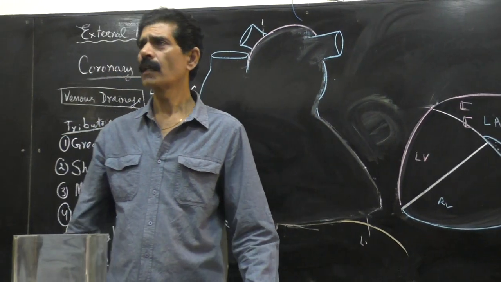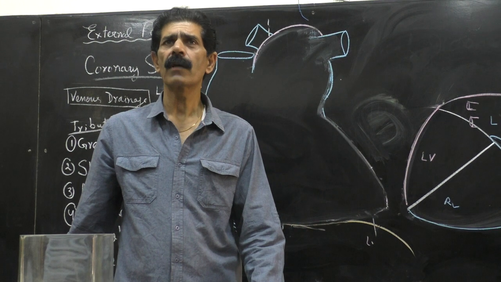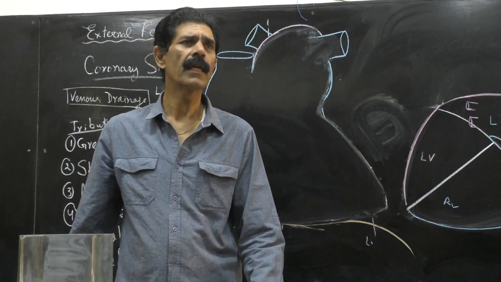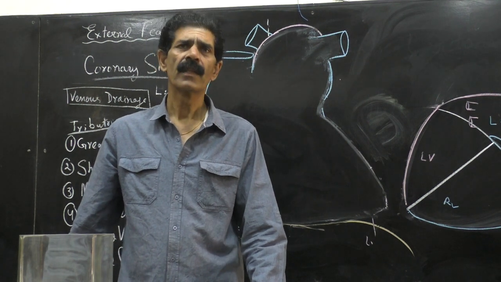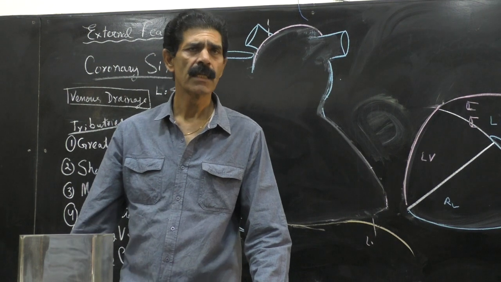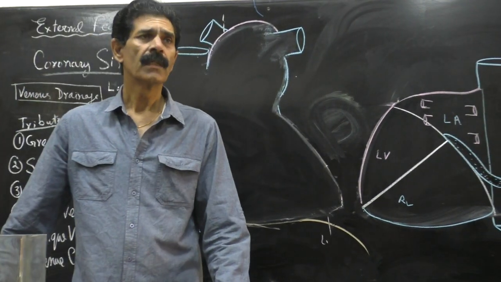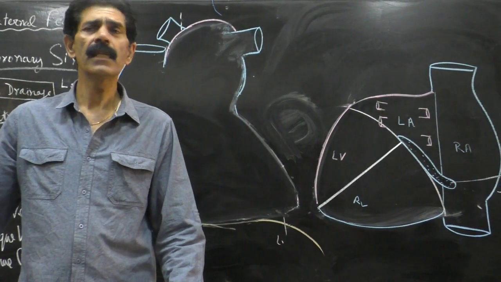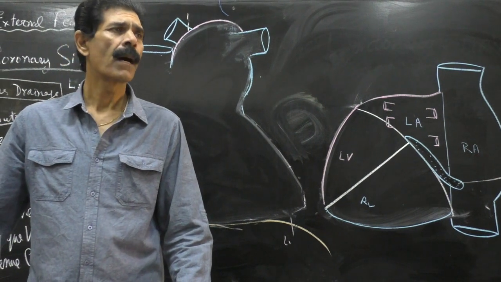So after giving all the names of these tributaries, now comes the course. Where these veins start and where they open, because the opening of these veins is different in the coronary sinus. So first we take the great cardiac vein. As the name suggests, it is the longest and it covers the larger area or larger chambers of the heart.